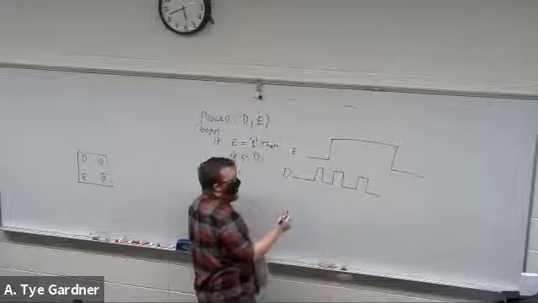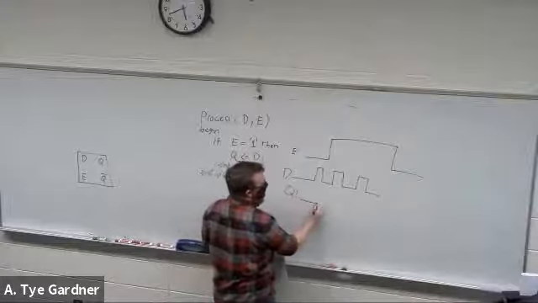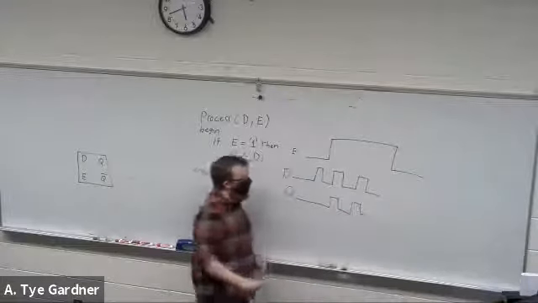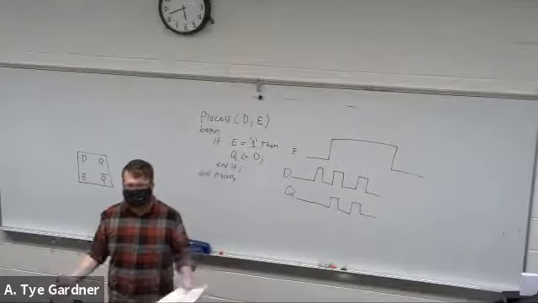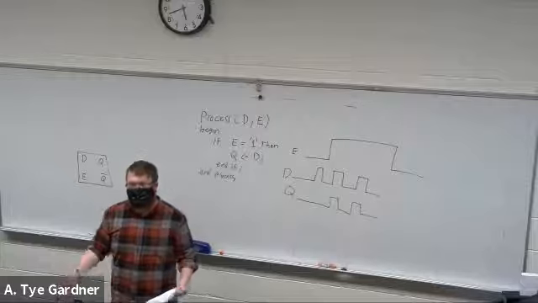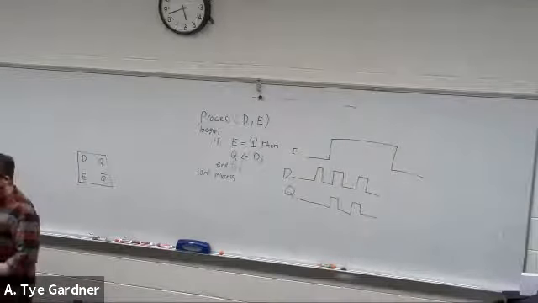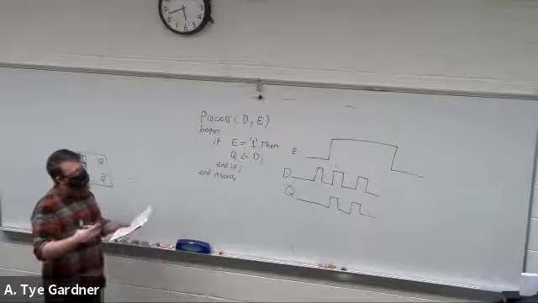Well, our Q is going to do this, right? It's just going to follow along with whatever the D is doing. It's transparent. We don't necessarily like that for digital circuits because we want to take samples.